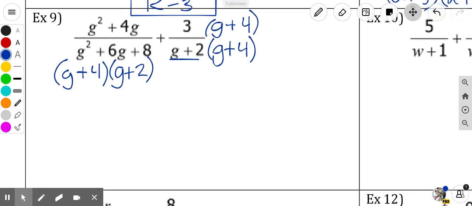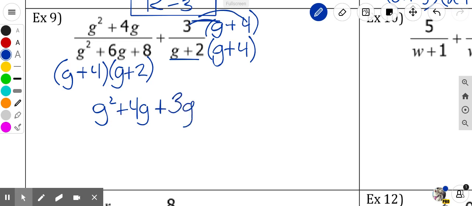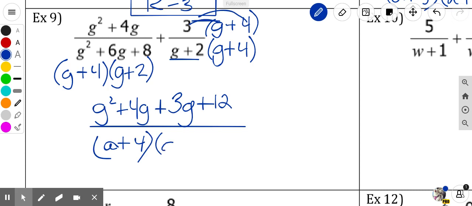So now we have to distribute this 3 to the g and to the 4. So this left side is going to be g squared plus 4g. And we're going to add to that the 3g plus 12. And then on the bottom is just g plus 4, g plus 2.